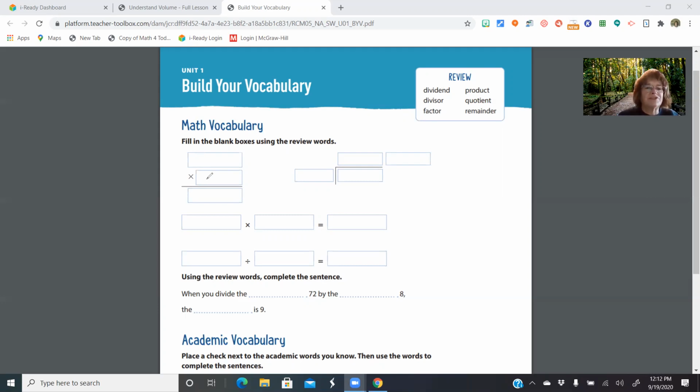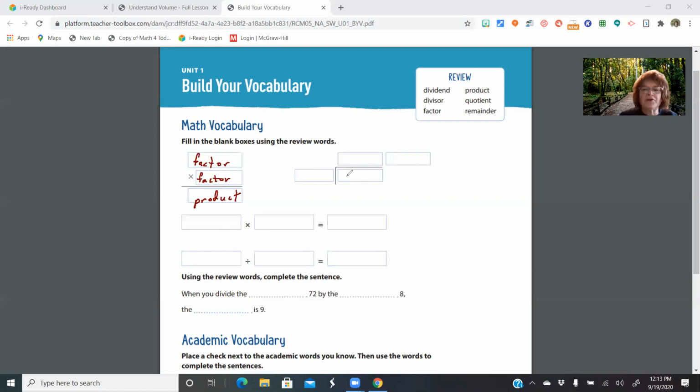So something times something is what? We're not looking for numbers, we're looking for words. If you don't know what this is, a factor. A factor times a factor equals a product. All right, and that's multiplication. Now let's go to division. You see the division line here?